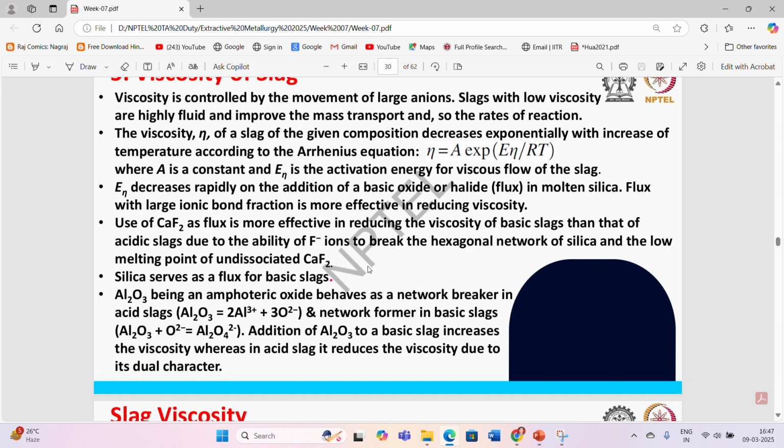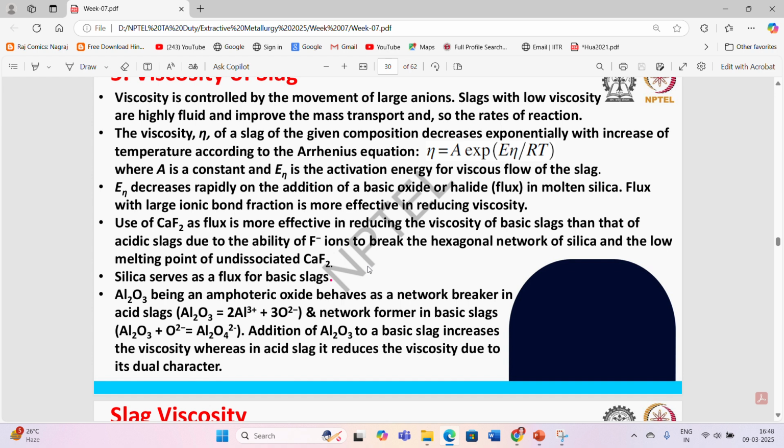Like we generally add calcium oxide as a flux material, or sometimes calcium fluoride as a flux material, to improve the viscosity of that particular slag, because these flux materials help in breaking the stable bond network of silica and oxides of aluminium and oxygen, which have very high bond distance due to the covalent bond formation between aluminium and oxygen and silicon and oxygen, and having very high coordination number.